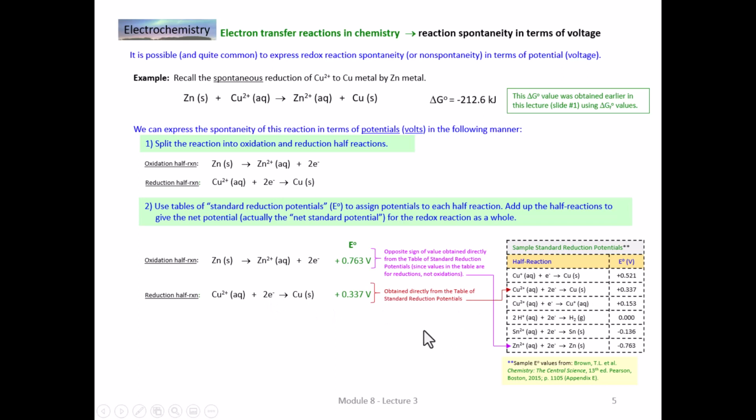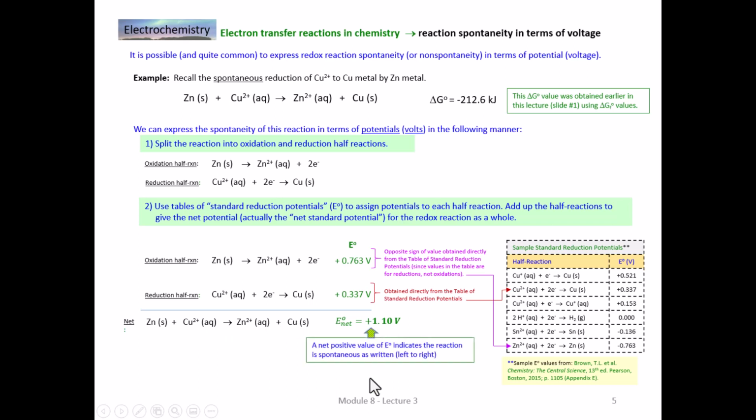Now what do we do? Well, you add up the half reactions, and you know what that's going to look like. And then you simply add the standard potentials. We have a plus 0.763 volts and a plus 0.337. So the net overall potential for this overall redox reaction is plus 1.1 volts.